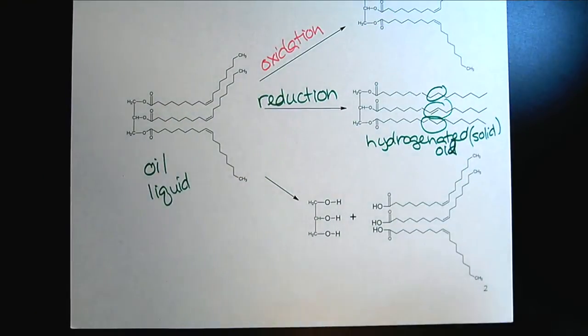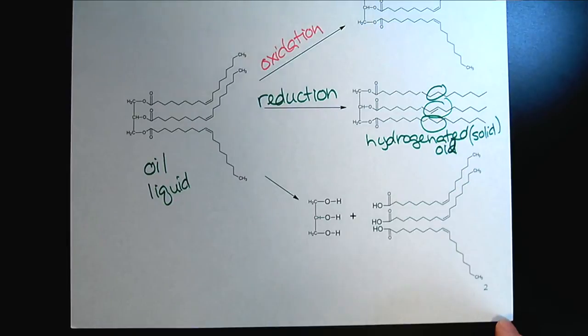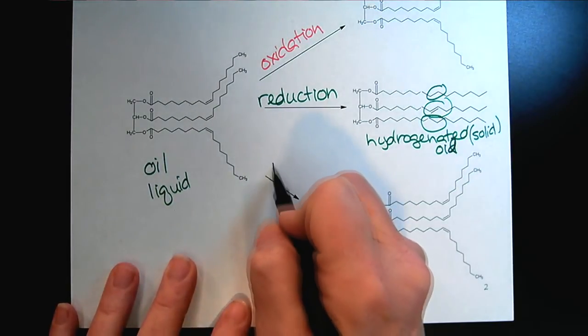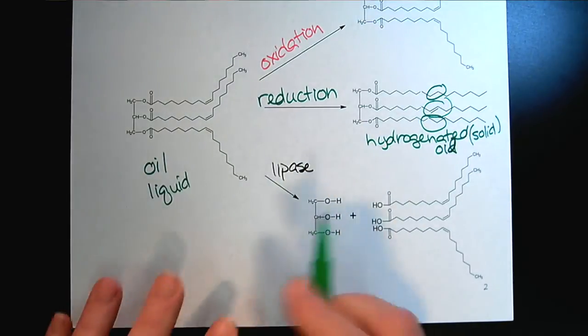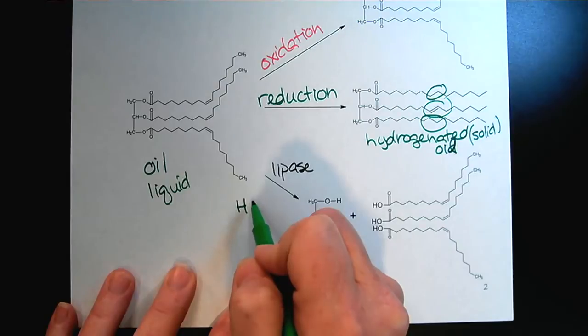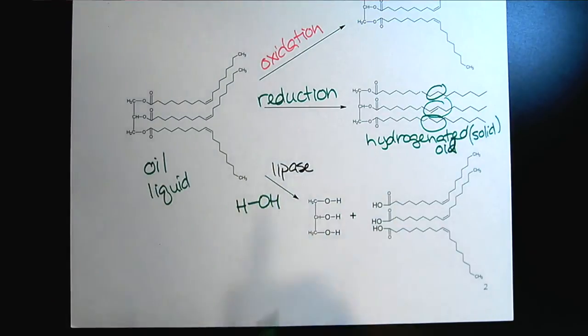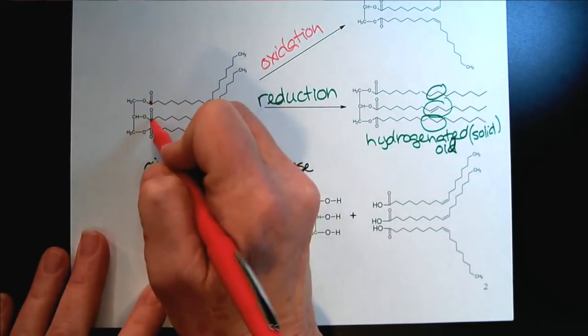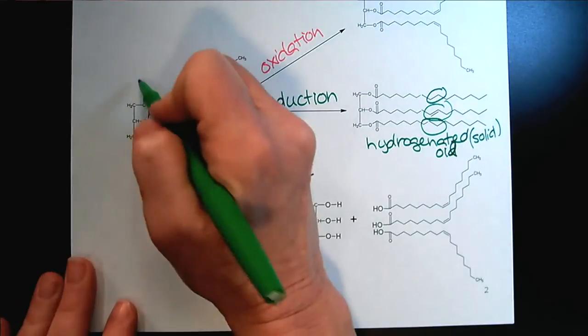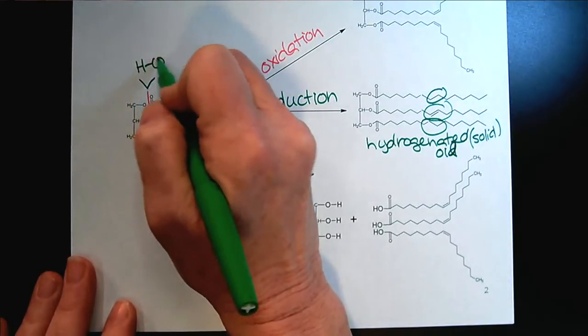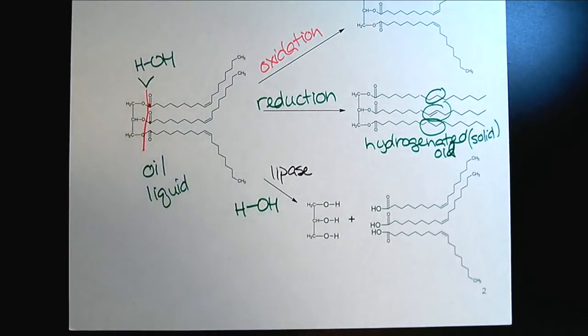And then last but not least, let's look at the hydrolysis. So here we would have some kind of lipase, and of course we would need water. And then we can look in here, and by now we're experts. We find the carbonyl carbon, and we know the water will come in and hydrolyze each of the ester bonds.